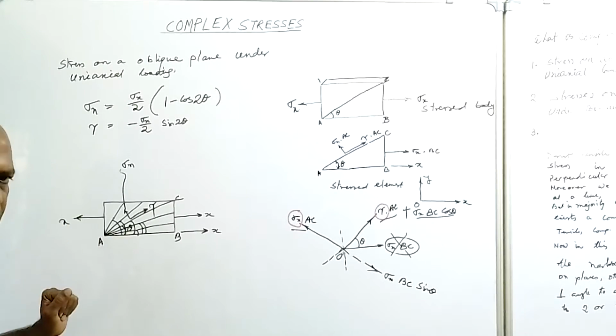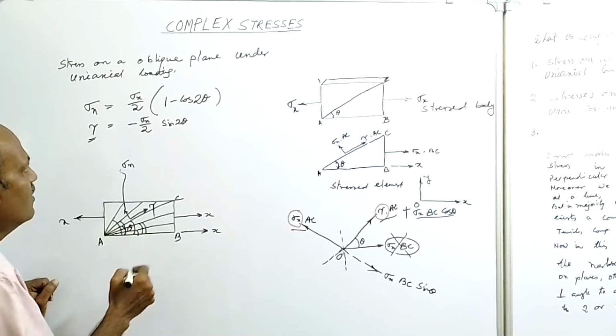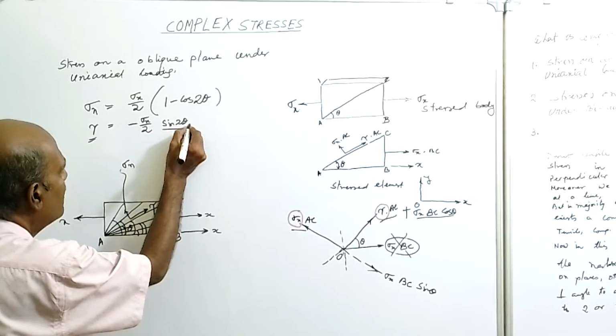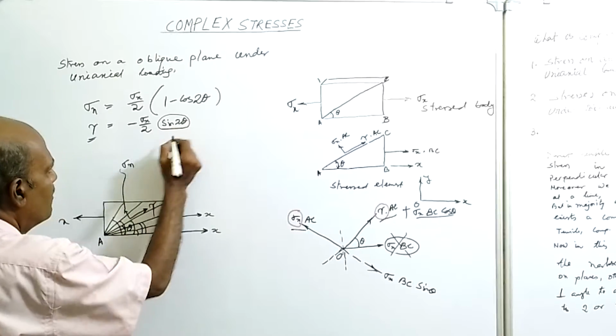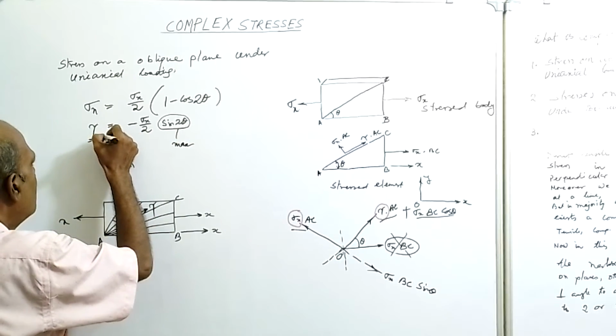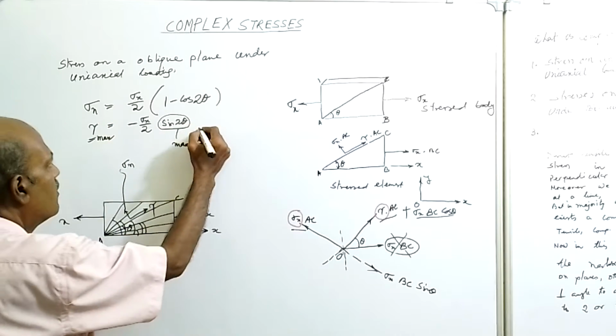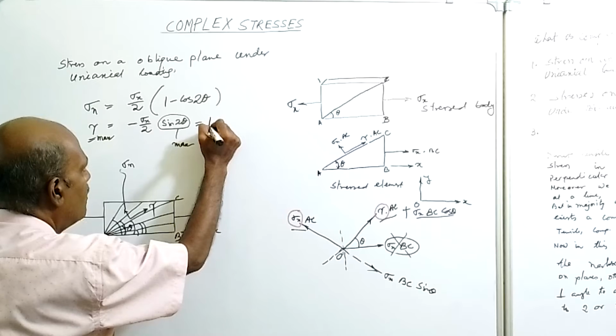What is the maximum shear stress in this case? The maximum shear stress will occur when the sin 2 theta value is maximum. When sin 2 theta is maximum, then tau on the plane will be maximum. The maximum value of sin 2 theta is 1.